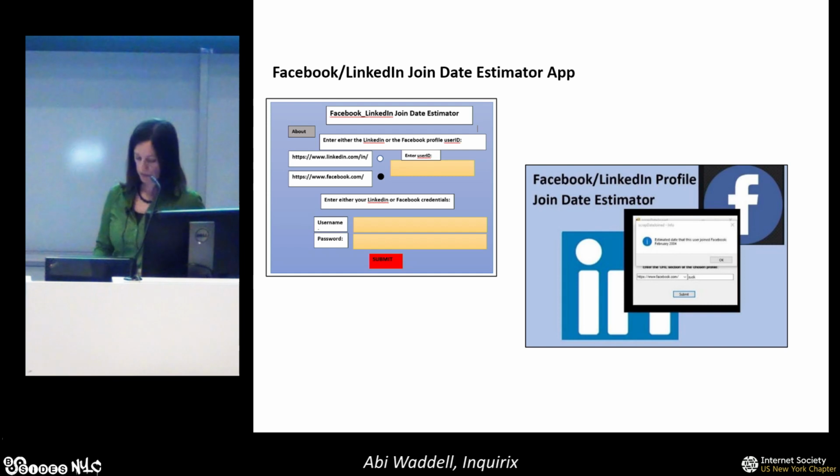The Facebook LinkedIn profile join date estimator tool, sorry, a bit of a mouthful, which you can download for free from our site, can ascertain with 98% accuracy the date a profile was created on these platforms to within the closest 60 days. The user interface has changed since this slide, and the updated version is still to be issued, however. So you basically enter the target profile's name, and their join date will come back instantly.